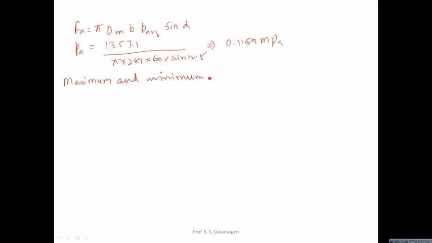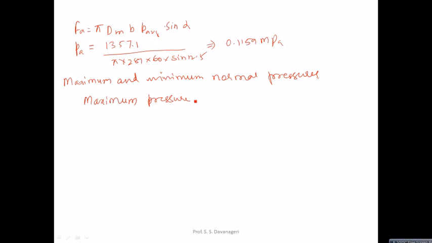If you substitute and calculate the values, 1357.1 divided by pi, dm is 287, b is 60, sine 12.5. Now the average pressure we are going to get here is 0.1159 megapascal.